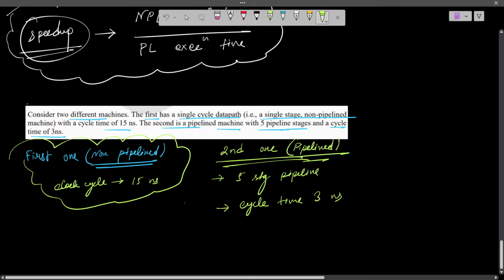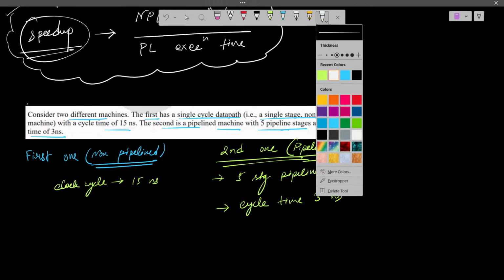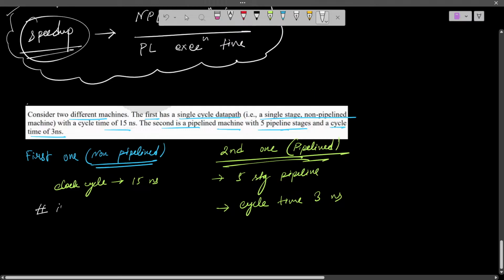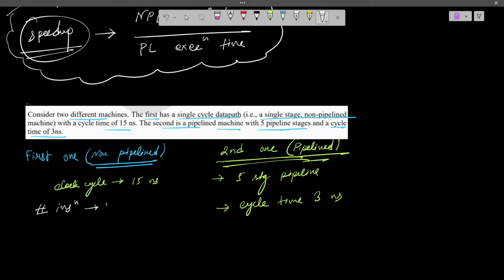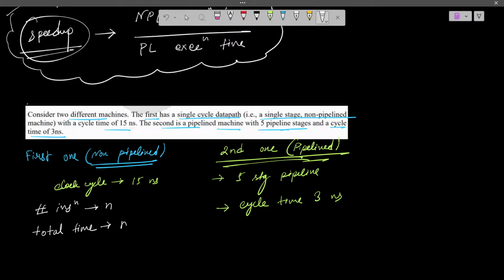So for the first one, the number of instructions is n. The total time would be n into 15.